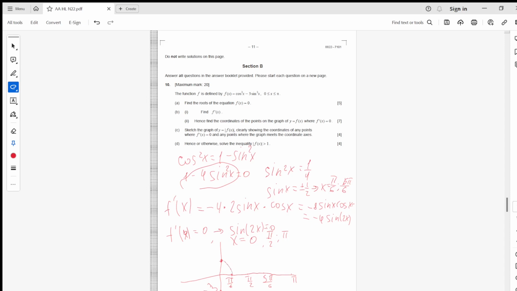So our graph would look like this. And of course, it's the same thing here. But we need to sketch the graph of the module of f of x. So we need to copy everything that is below y equals 0, and it would look like this.